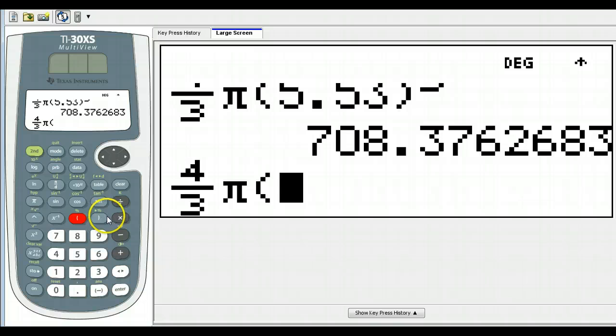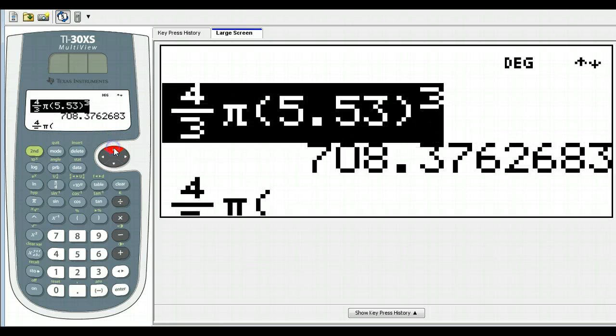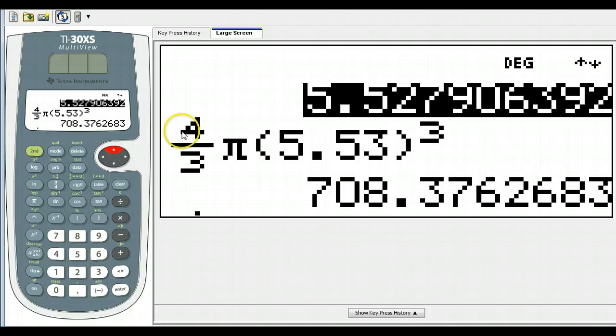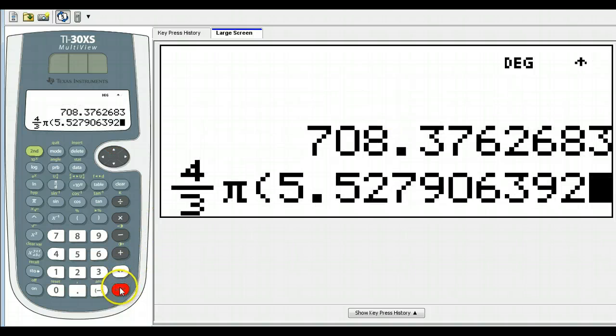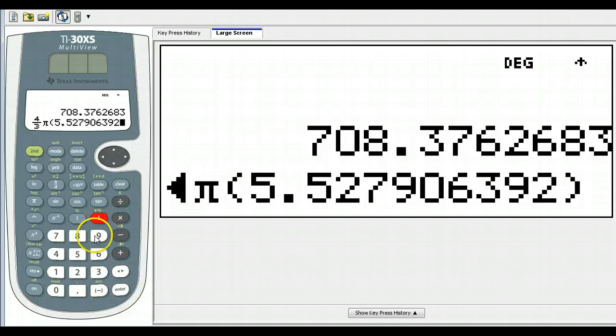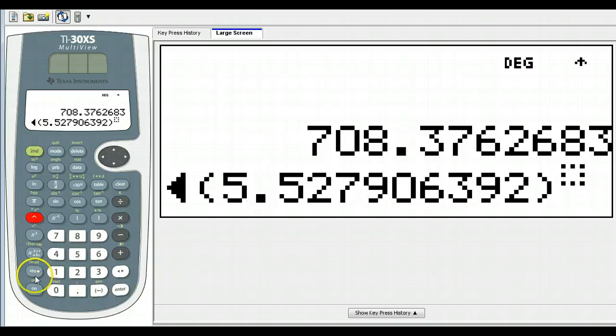So I really wanted my radius right here. Here's how I could get it. If I go back up to where it is and hit enter right now, it jumps to where the last place I was. So now it is pasted in here, ready to go. So I can go ahead and keep it.